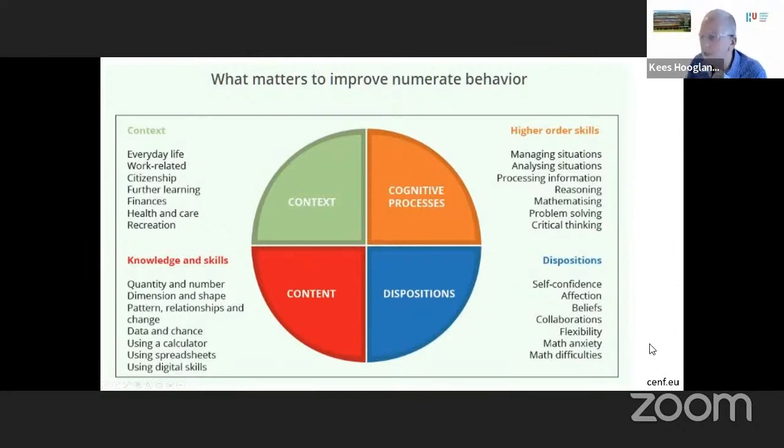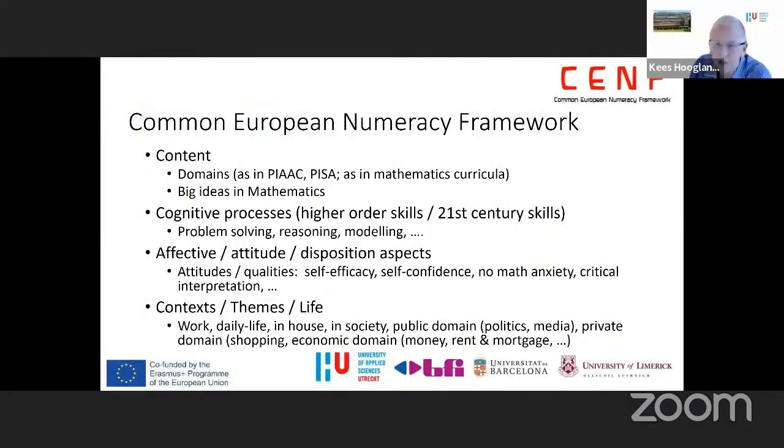So what we try to do is, in all the activities we develop, we always acknowledge that we have a mix of these kinds of aspects, and that we have to address all kinds of these aspects in all our educational activities. This is the same with words.